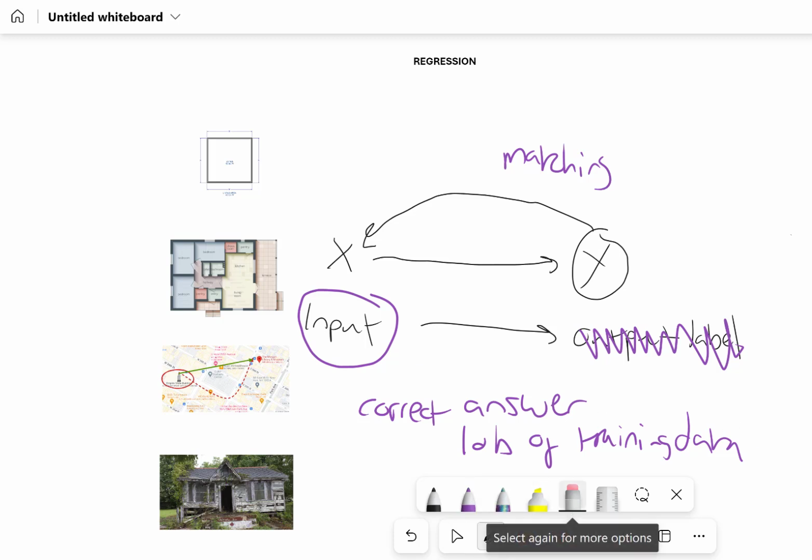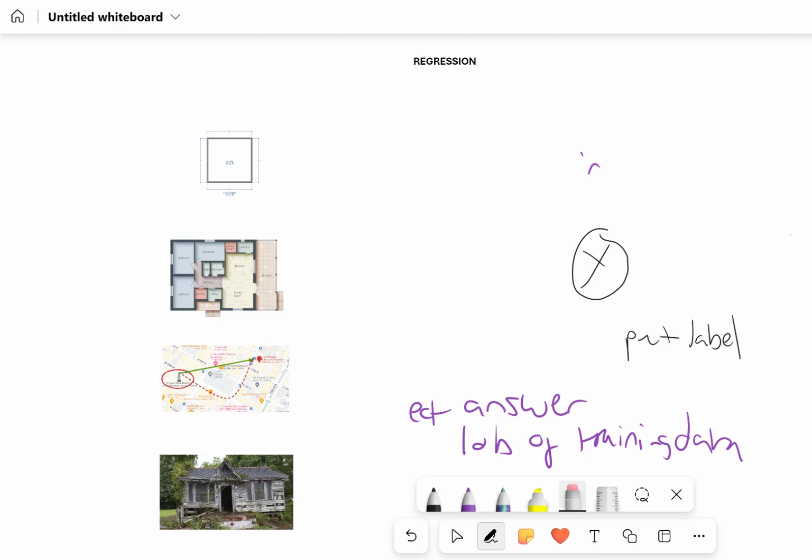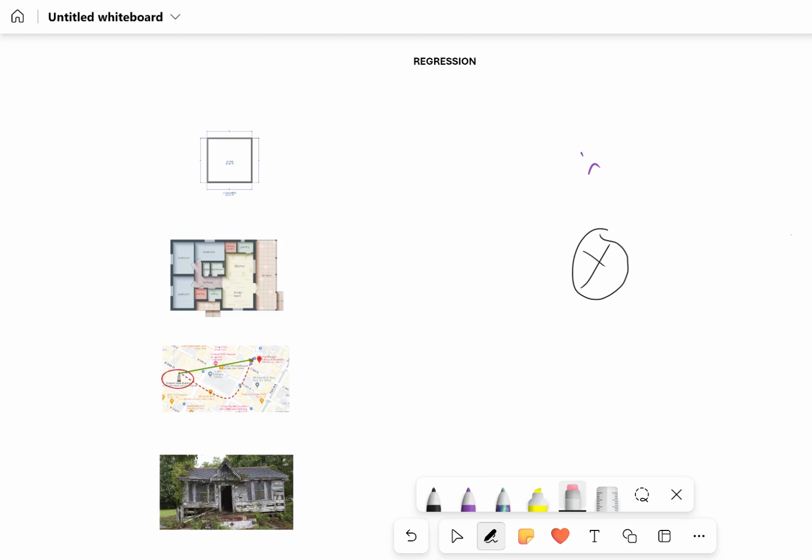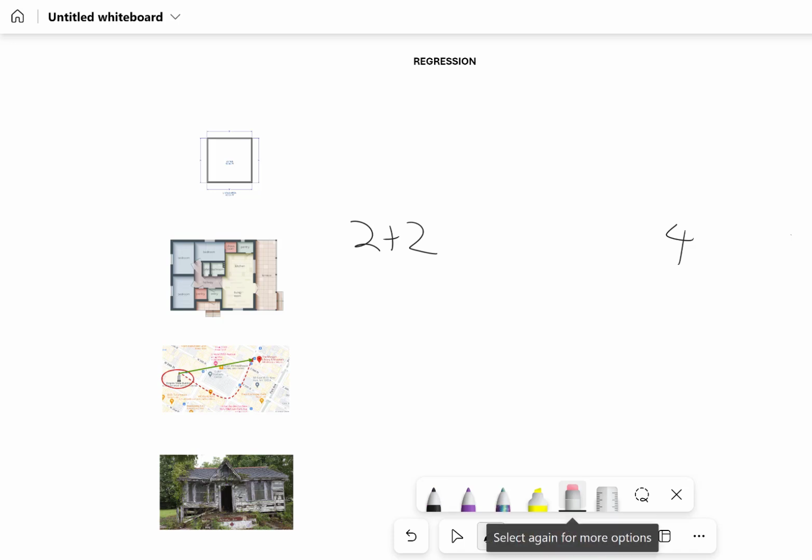Imagine if I was to simplify it, we were to do this, and this isn't the most accurate representation, but it should get you to understand. If we're going to be training 2 + 2 = 4, and we give this over and over and over and over again to the system, eventually we should be able to say to the system, what is 2 + 2? And it should be able to give its own output of 4.